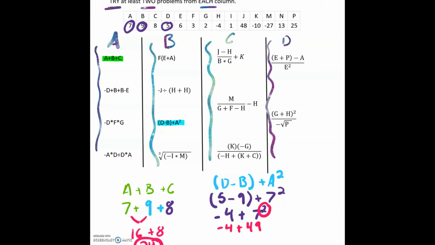And now from left to right, I can add or subtract. So -4 plus 49 equals, and I always do what with my answer? Circle it.